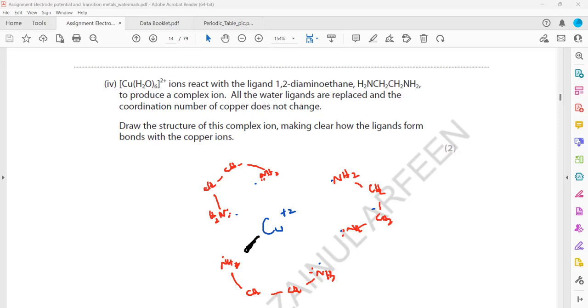But not all are in the same plane. Even for one, this is in the same plane, and this one is in the same plane, one is out of the plane. So you can represent it in this manner, because you have to show that the octahedral geometry is there. That's how we represent it.